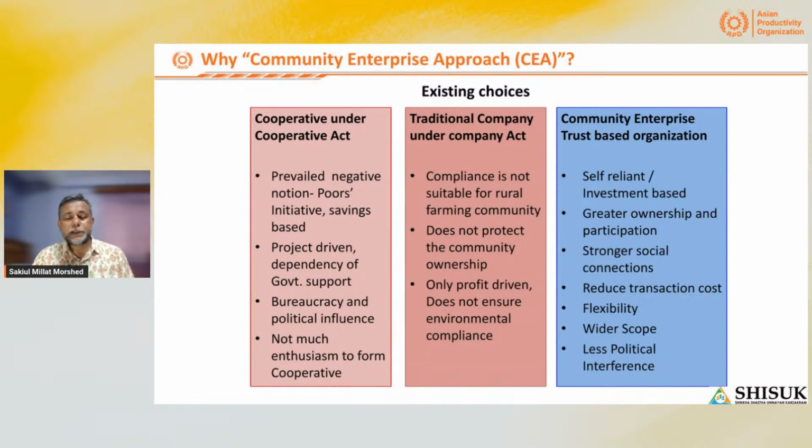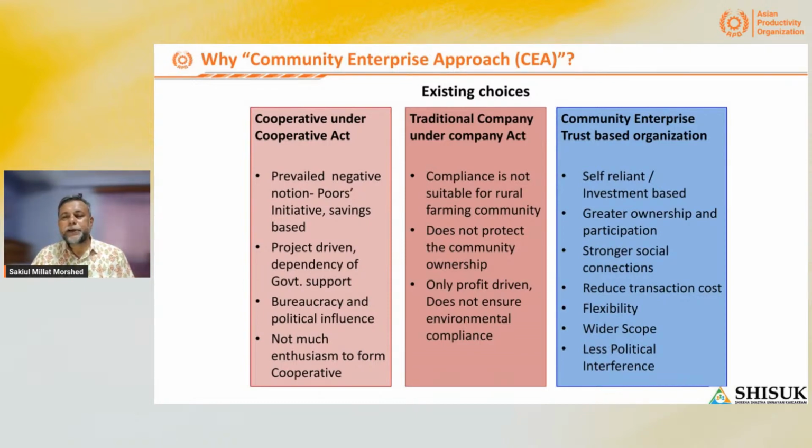So these are the issues we considered, and we tried to come up with a different solution rather than going back to the cooperative and company acts. We formed this community enterprise, which is basically a blending of the cooperative and the corporate. It is self-reliant, meaning it is based on the members' investment, not on any external sources.